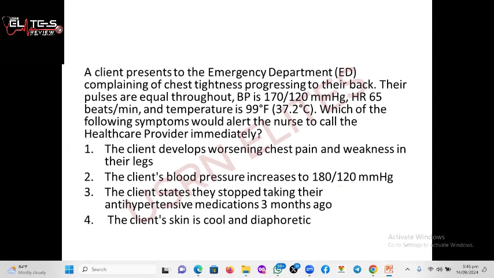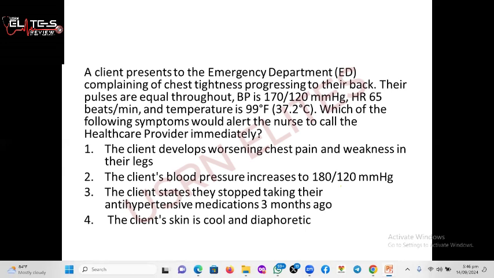Okay. We have a client reporting to the emergency department complaining of chest tightness progressing to their back. Their pulses are equal throughout. A BP of 170/120, a heart rate of 65, a temperature of 37.2, that is 99 Fahrenheit. Which of the following symptoms would alert the nurse to call the healthcare provider immediately?